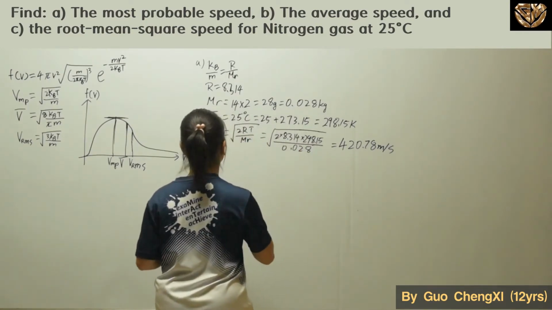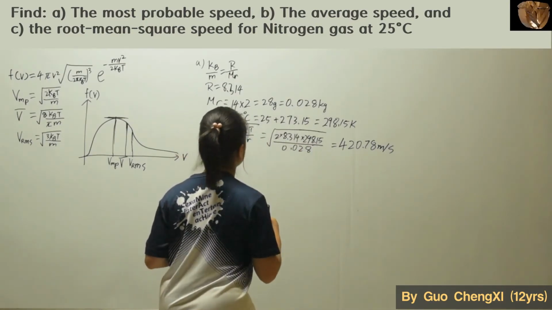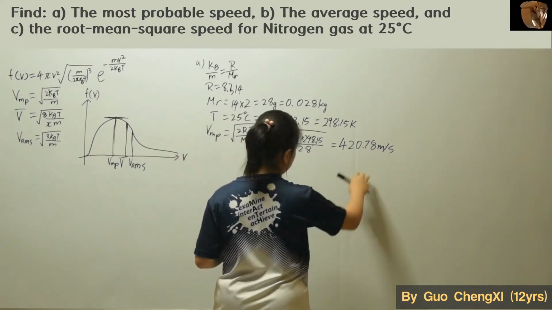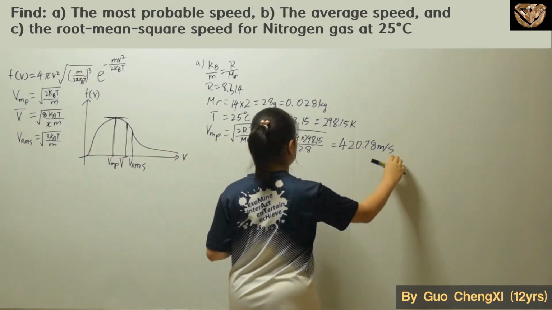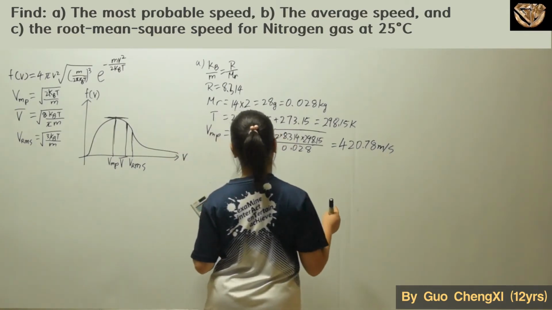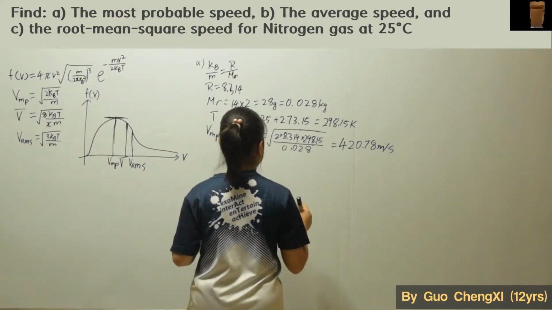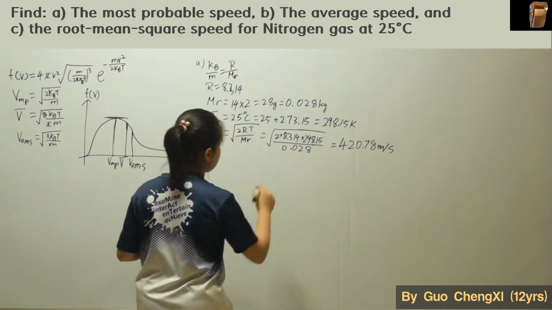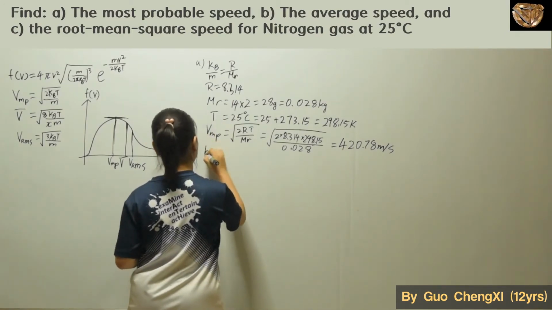For all of these lessons, the results that we get are always converted to the SI unit, like the SI unit for temperature being Kelvin, and for mass it is kg and all those, okay? So that is for our first part.